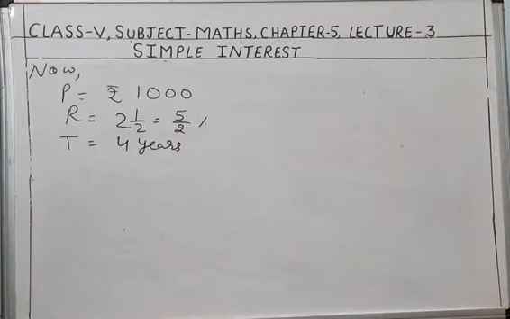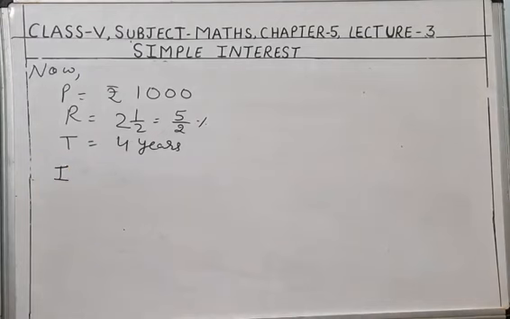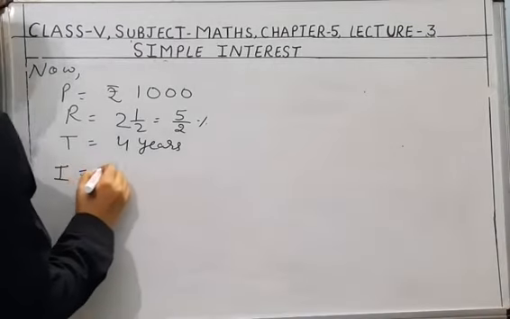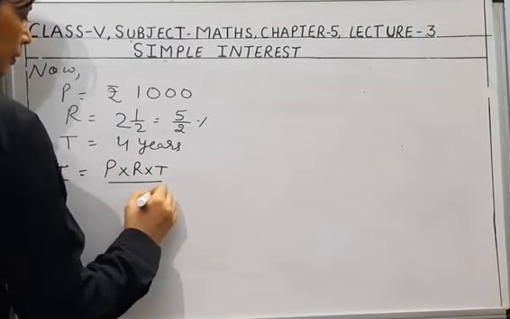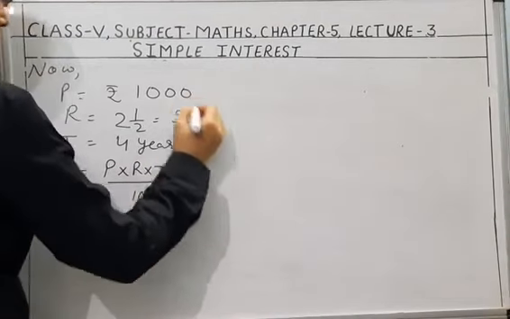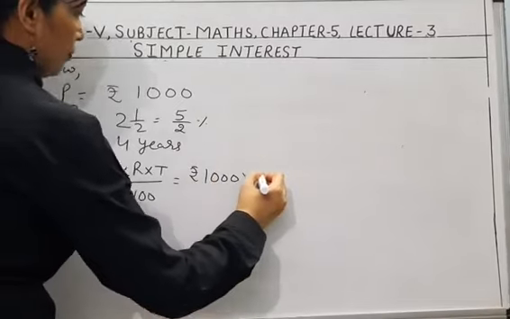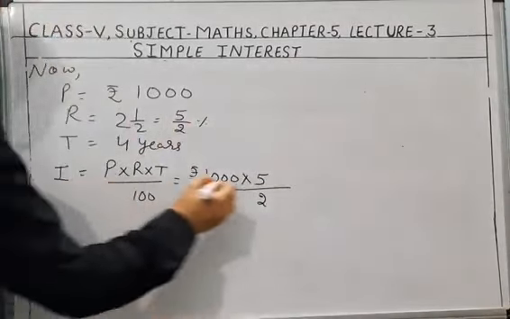Right? We have to calculate interest. Interest is equal to principal into rate into time upon 100. So rupees 1,000 into rate 5 upon 2. 2 आपको मालूम है डिनोमिनेटर में चला जाएगा.